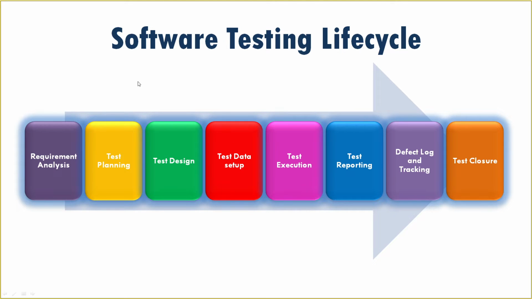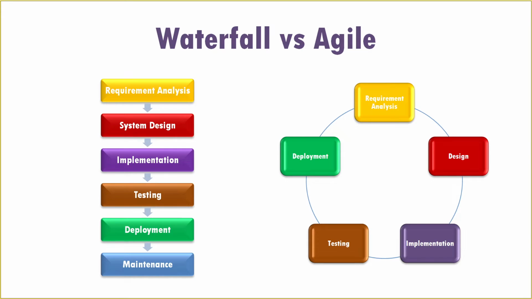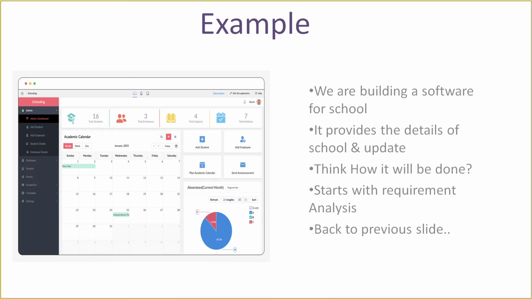Now, in the software testing lifecycle, requirement analysis is one important phase. So, consider the previous example we discussed, the student web application. I'll just go back to the example. So here we have an application, and we discussed a lot about requirements.